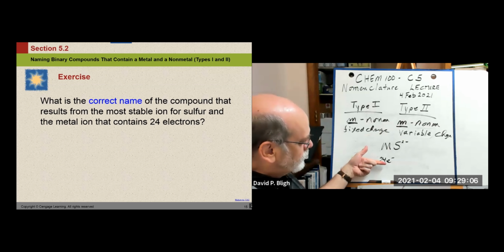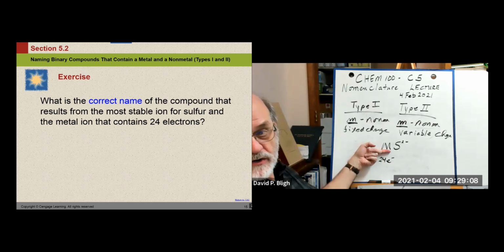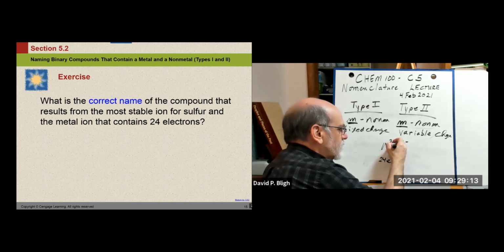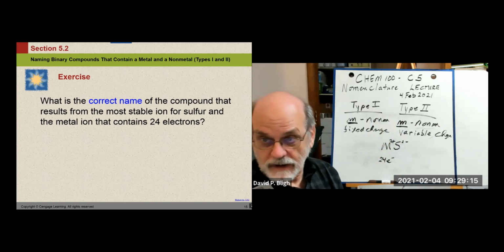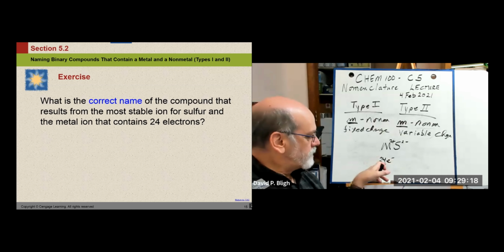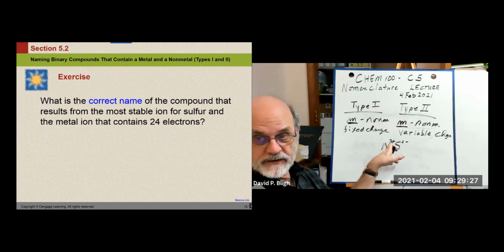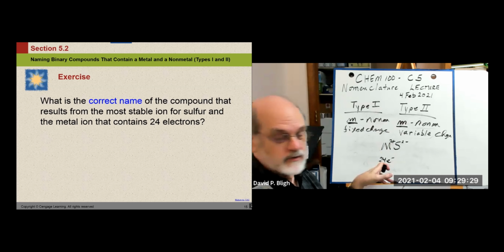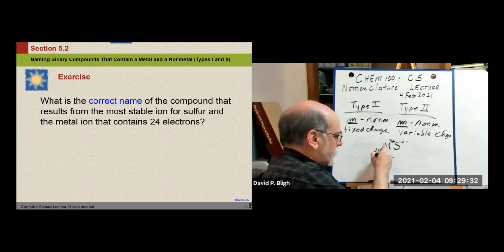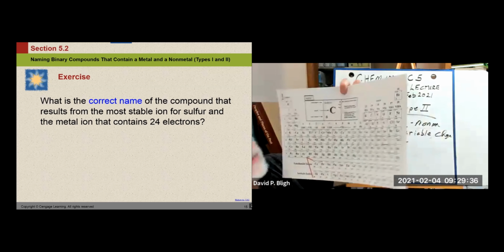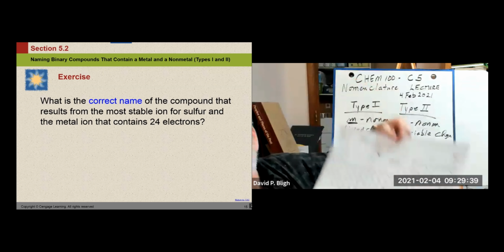So if it's got 24 electrons, what's the charge that it has to have? If there's only one of them, it has to be 2+, right? So if it has 24 electrons and the charge is 2+, how many protons does it have? Well, it needs to have 2 excess to be a 2+. So that means it has 26 protons. You look at your periodic table. Let's see, we'll go down, let's see, 26. Oh, there it is.